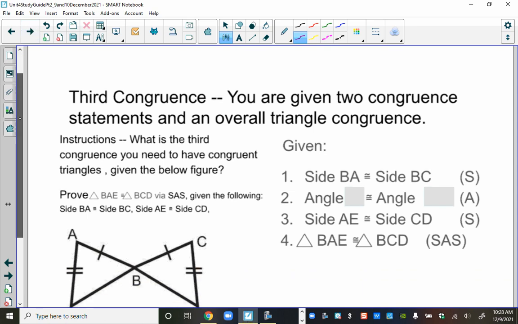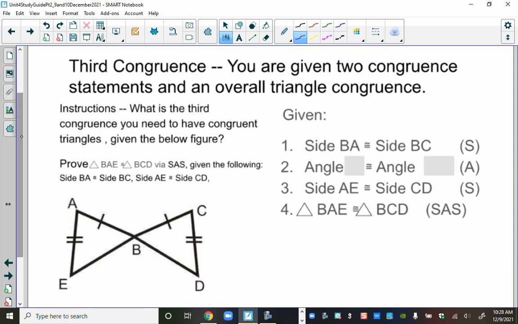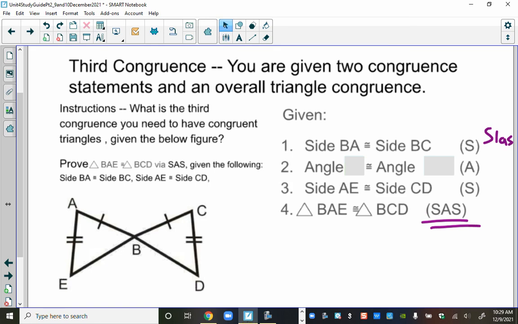All right, and we're going to practice some of these ones. All right, let's look at this one. They said we want to prove that these two triangles are congruent by side angle side. Now, they said that side BA, with a single slash mark, would it be A and C?